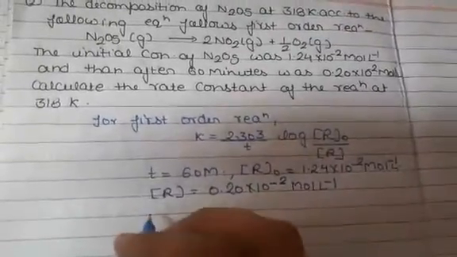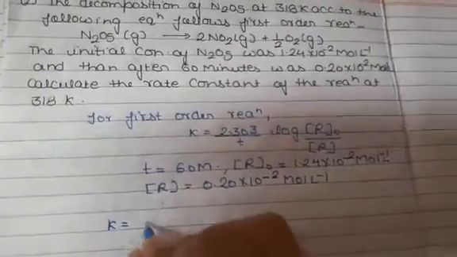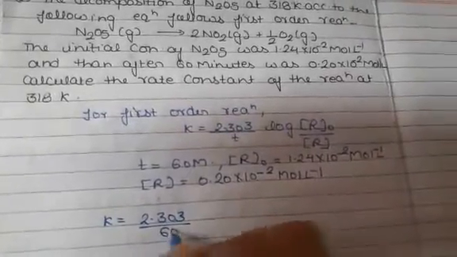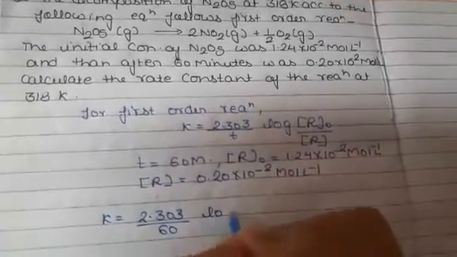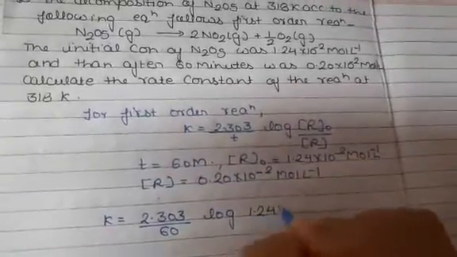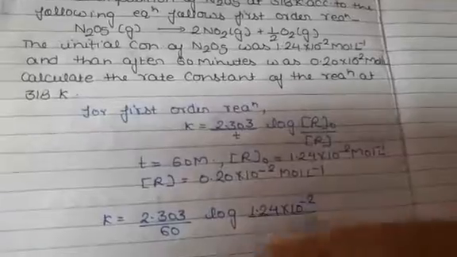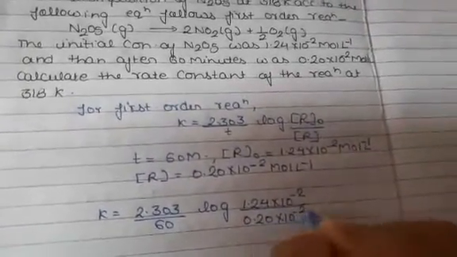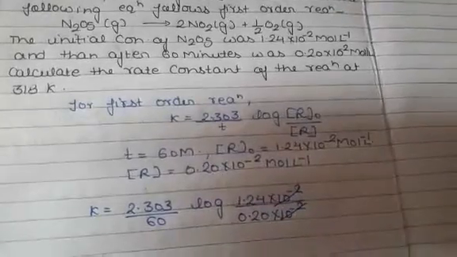Okay, now put the value: K equals 2.303 upon 60 into log of R0, that is 1.24 into 10 to the power minus 2, upon 0.20 into 10 to the power minus 2. Minus 2 cancels out by minus 2.